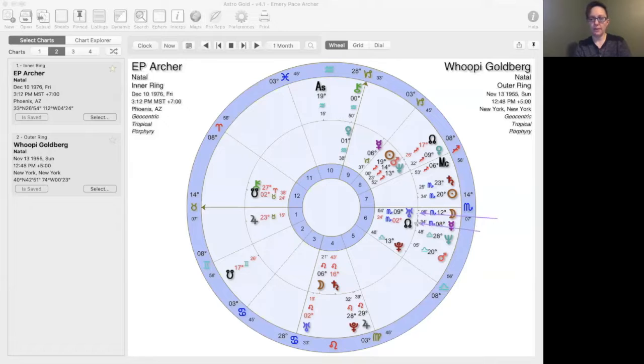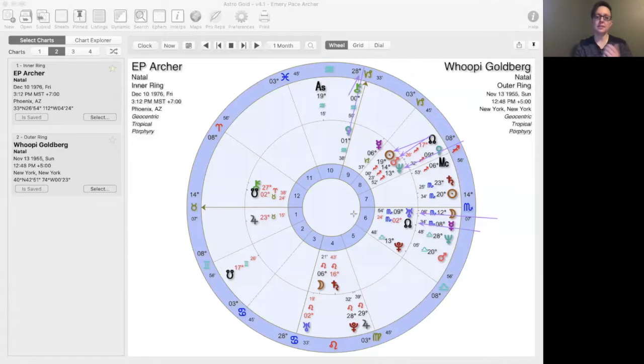Here we've got Mercury and the north node, and then here we have Venus and Neptune, and the north node with Mars and the north node with the sun. Those are pretty close together, so those are all conjunct. Oh, right here we have Chiron and Venus, and Chiron is also with the ascendant.